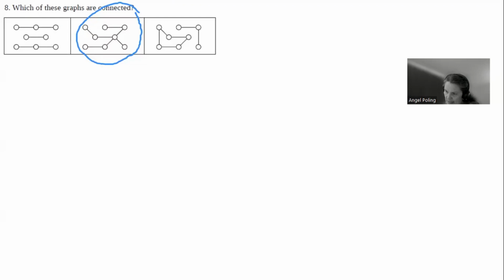So there's a gap here, and there are gaps here. So there are disconnected networks within the graph. So again, just the middle one.